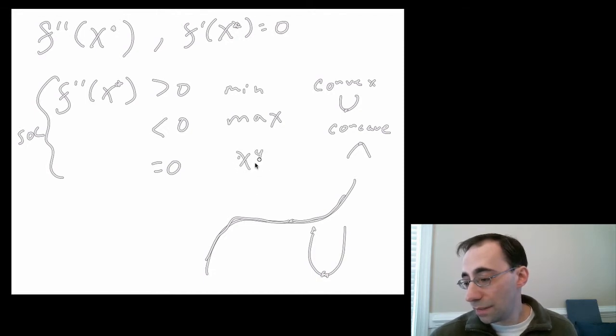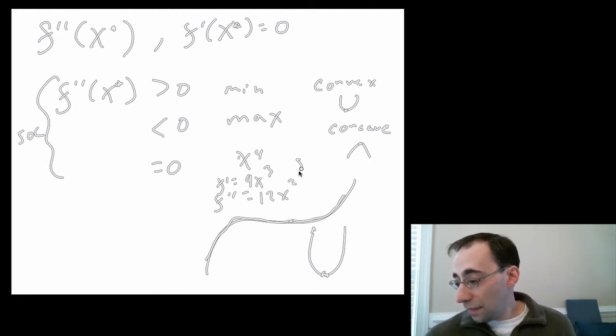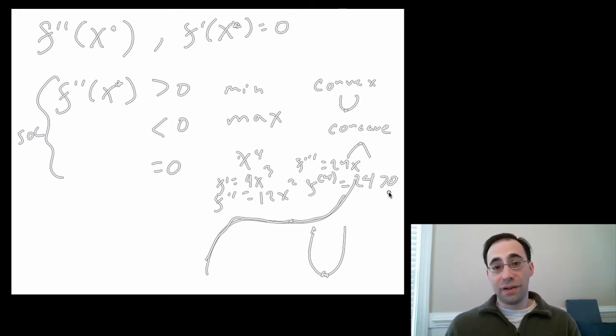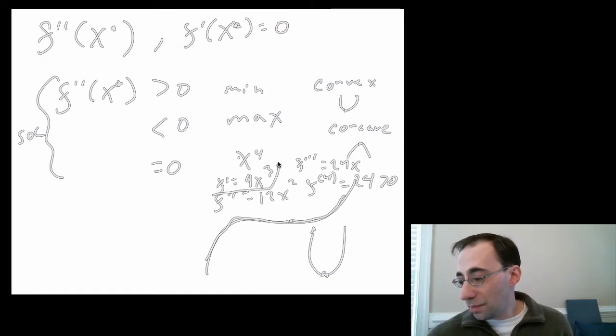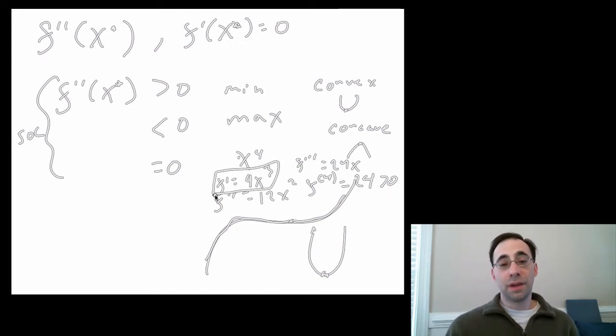For x to the fourth, f prime equals 4x to the third, f double prime equals 12x squared, f triple prime equals 24x, and the fourth derivative equals 24, which is positive, and every other one is 0 at x equals 0, which is the stationary point. Why is it the stationary point? Just to make sure, because it's the point at which f prime equals 0. That's x equals 0.